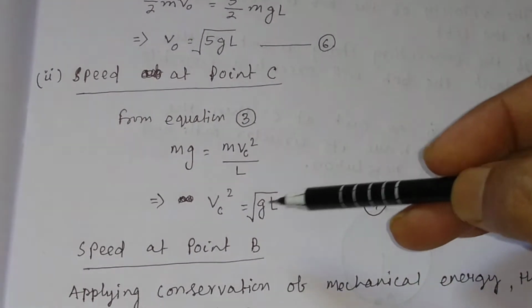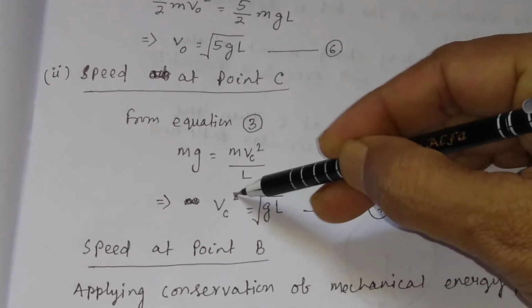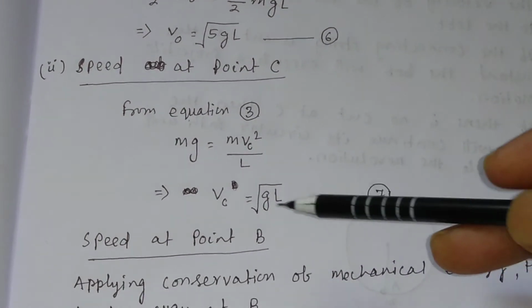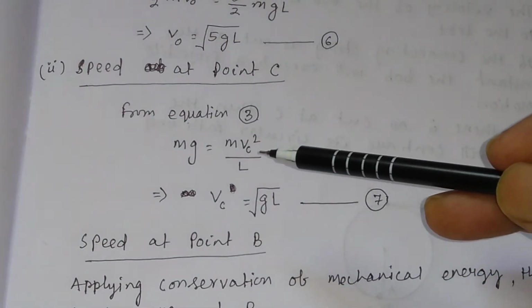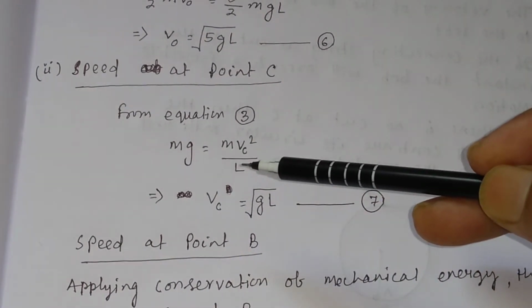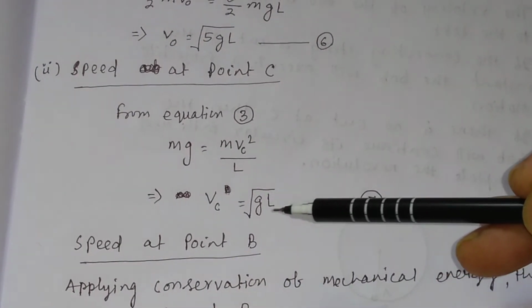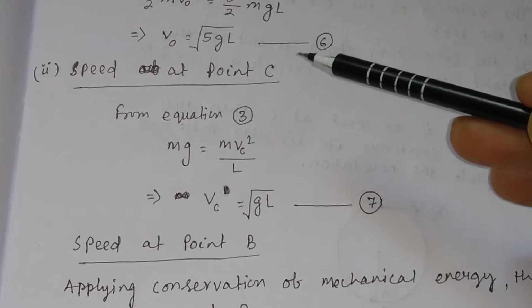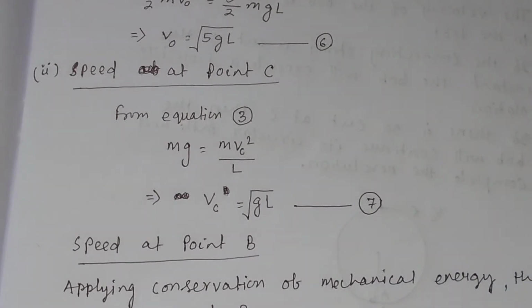You see, it is vc, not vc square, because vc square will be equal to gl, m cancels. So vc will be equal to square root of gl. So you have to remember equation 6 and 7.